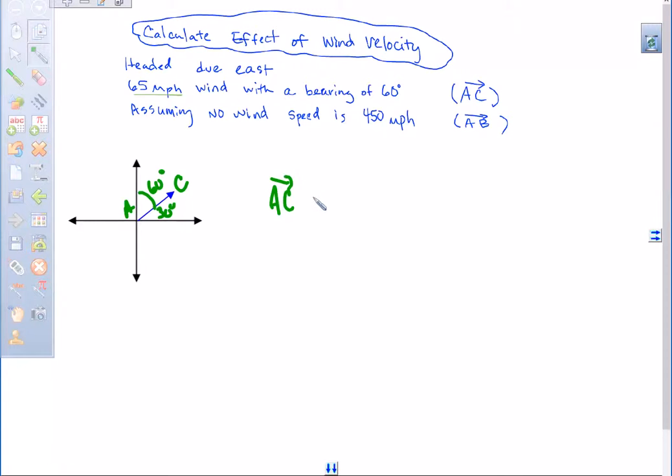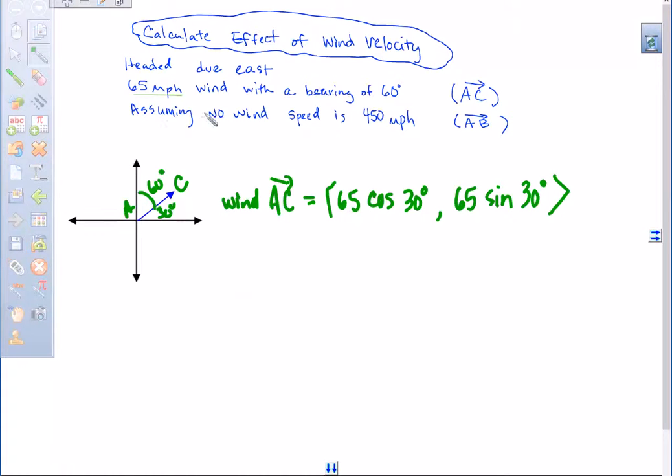And that would be 65 times cosine of what? Well, if this is 60, then the angle with that horizontal axis would be 30 degrees. And then 65 times sine of 30 degrees. So AC in this case is going to represent the wind.